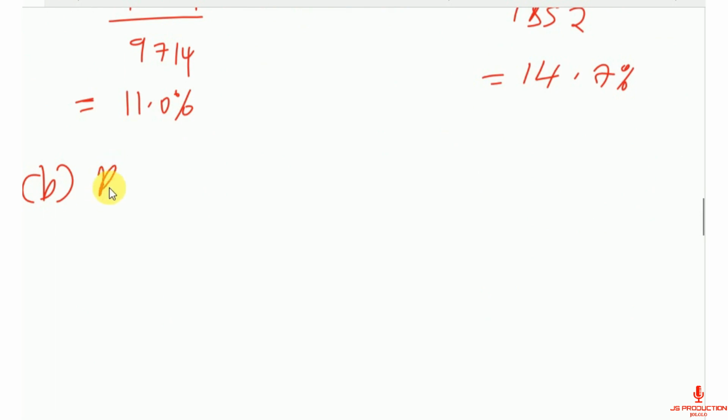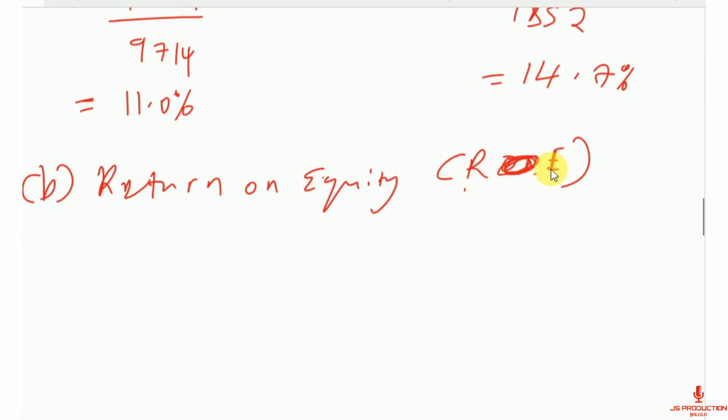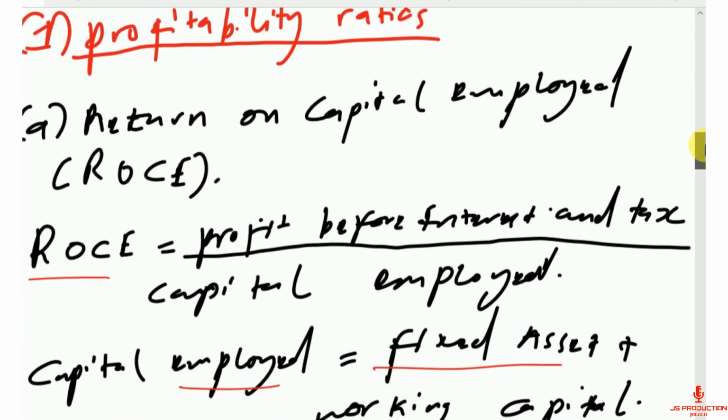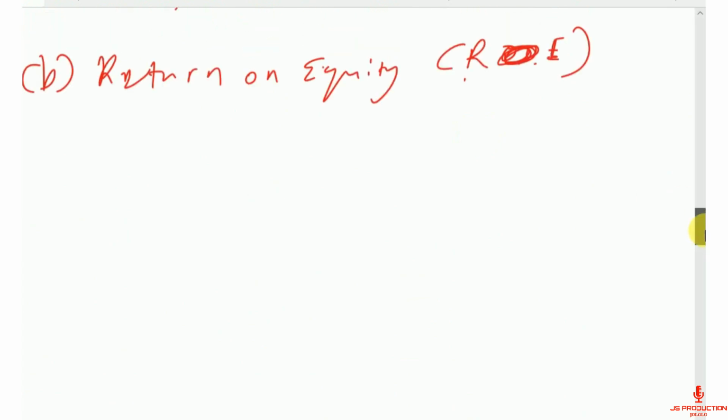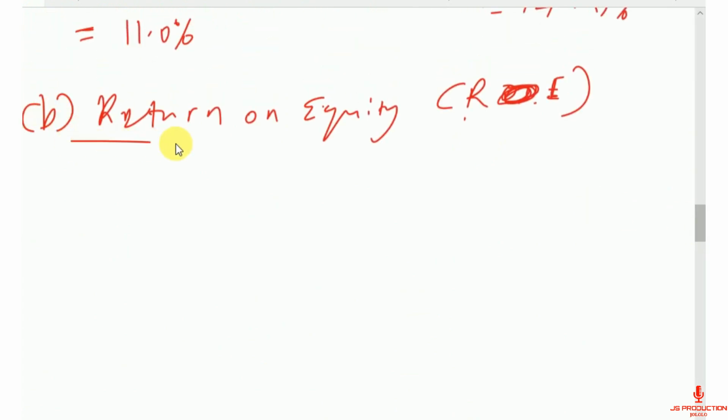So return on equity. This is abbreviated as ROE. Let us look at the formula that we use.